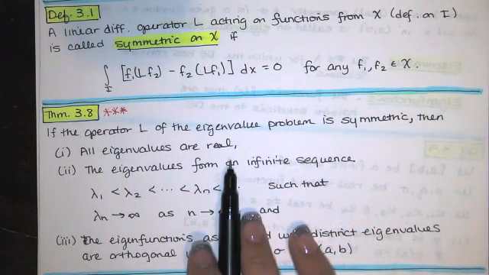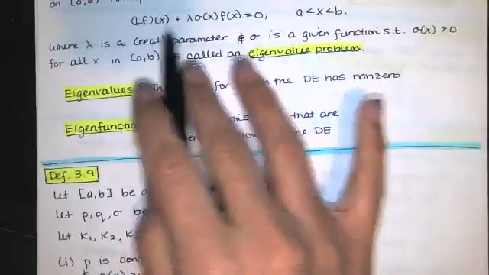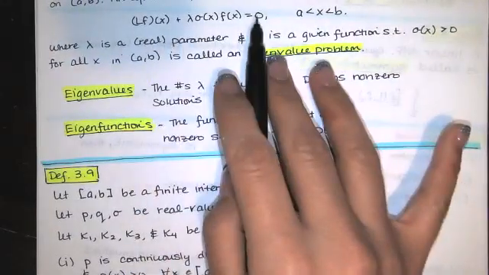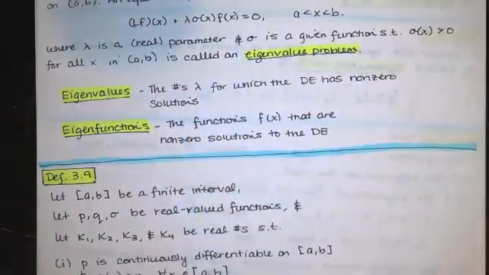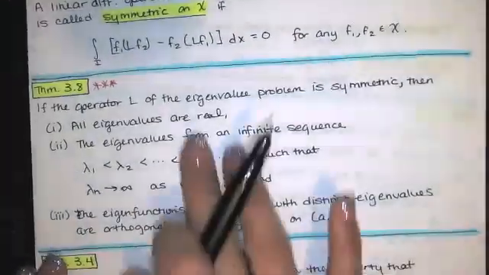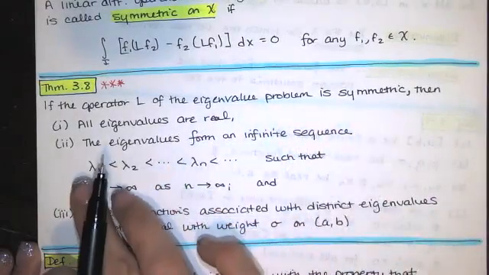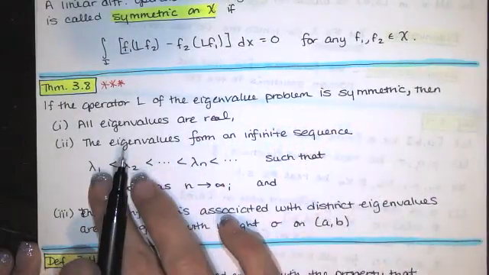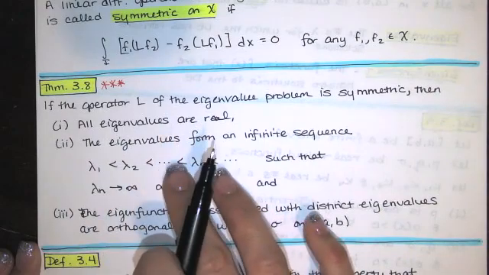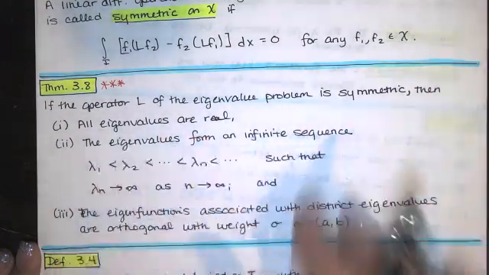All the eigenvalues, remember those are values of the parameter that correspond to non-zero solutions of this differential equation, are real. And the eigenvalues form an infinite sequence, and it's increasing. So you have one lambda, and then you have another one that's larger, and another one that's larger, and that keeps going.